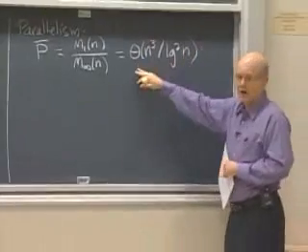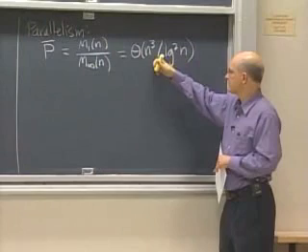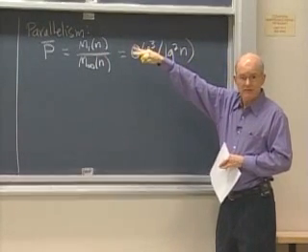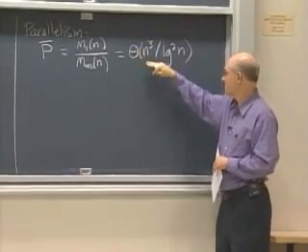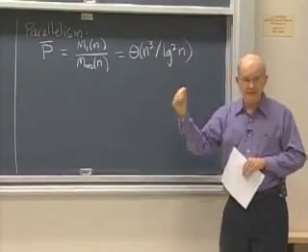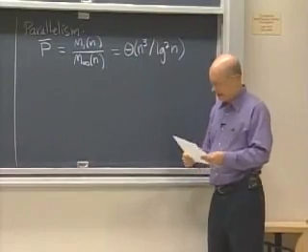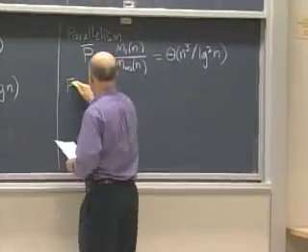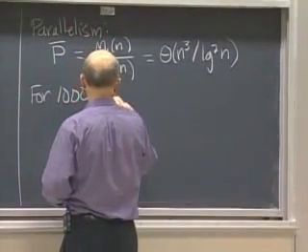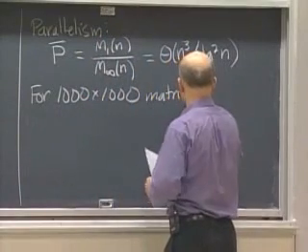That says you could run up to this many processors and expect to be getting linear speedup. If I ran with more processors than the parallelism, I don't expect to be getting linear speedup anymore, because I'll hit the bound. What I expected to run in is just time proportional to the critical path length, and throwing more processors at the problem is not going to help me very much. So let's just look at this to get a sense of what's going on. Let's imagine that the constants are irrelevant, and we have, say, 1,000 by 1,000 matrices.